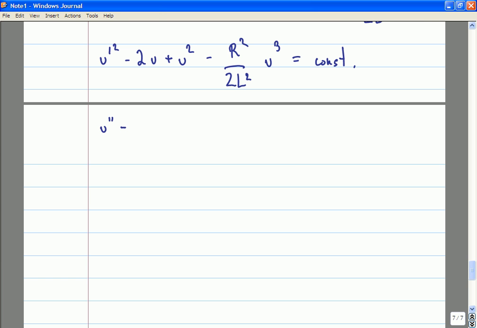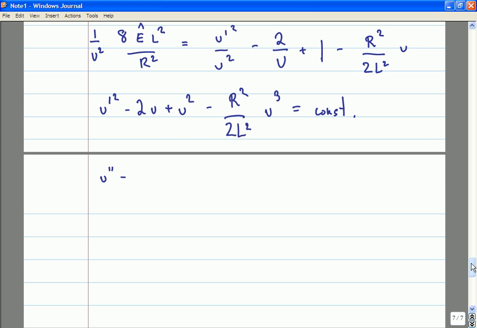Then taking the derivative of the second term gives me a u prime, and dividing by 2u prime gives me minus 1, plus u, because that's 2u prime, then dividing by 2u prime, minus r squared over 2l squared, and the derivative of u cubed is 3u prime u squared, divided by 2u prime, so that gives me 3/2 u squared will be equal to 0.